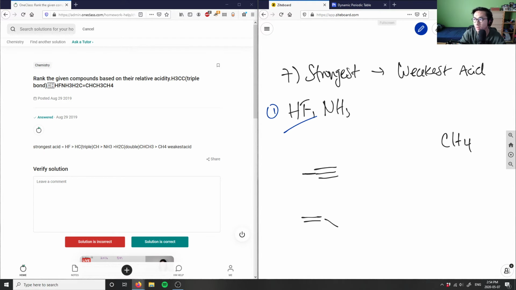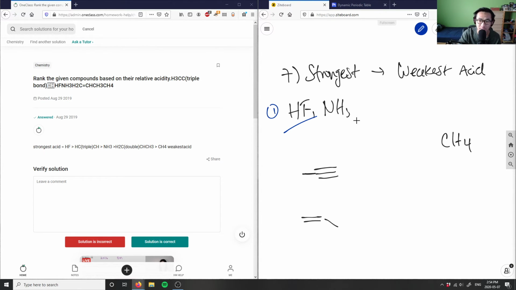We know the Kb of ammonia is 1.8 times 10 to the negative 5. So again, it's a weak base, so it's actually not a very strong acid.